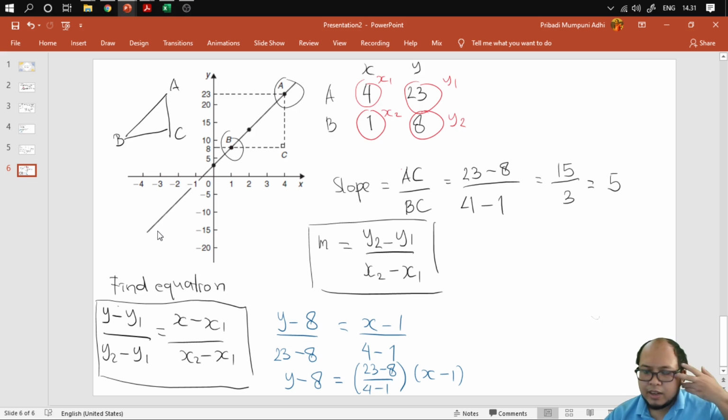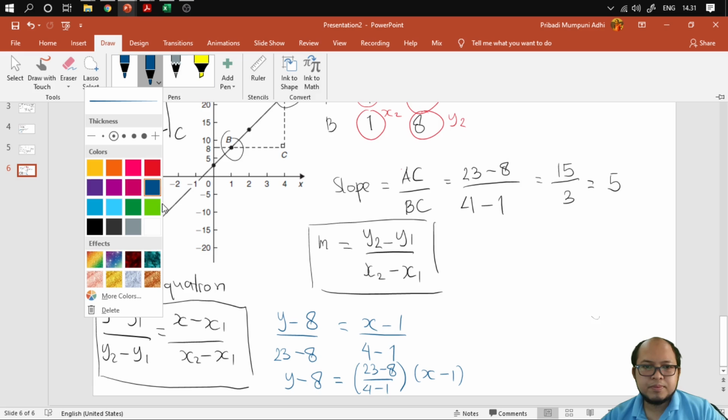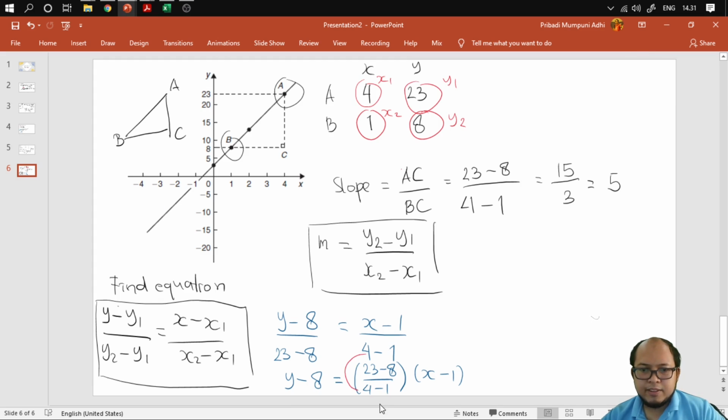Remember, 23 minus 8 over 4 minus 1 is equal to the slope. So this one here is the same as this one. This is the slope or gradient.